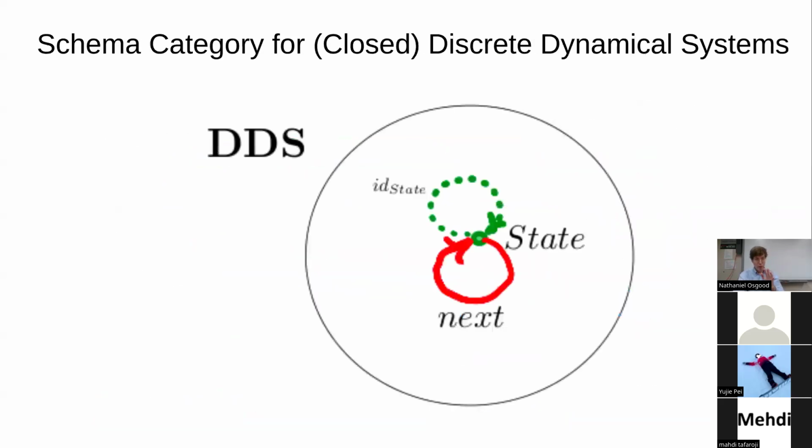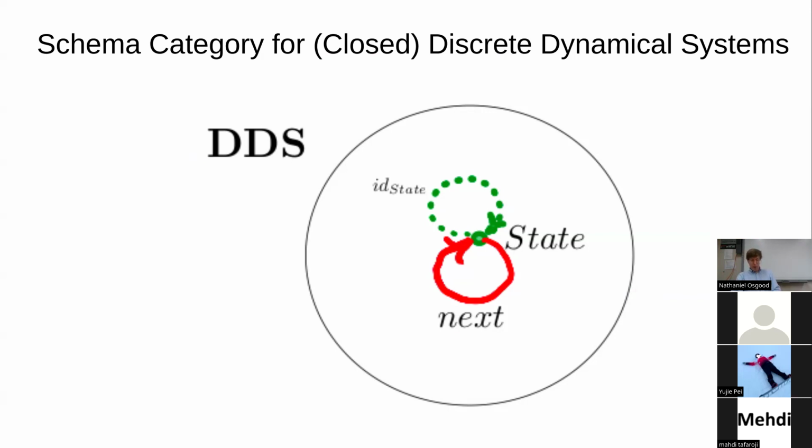Okay, let's go take a look at another schema category. So this is another schema category. Again, it provides a little bit of almost a shape for us, okay? And here we have just a single object. We're going to call it state.